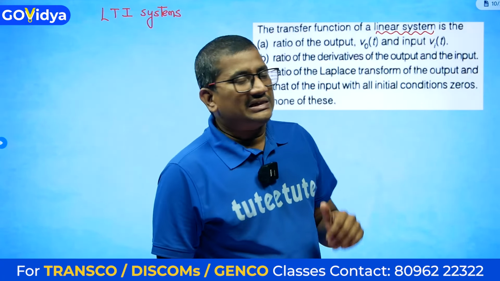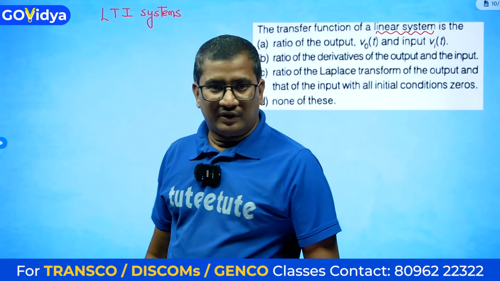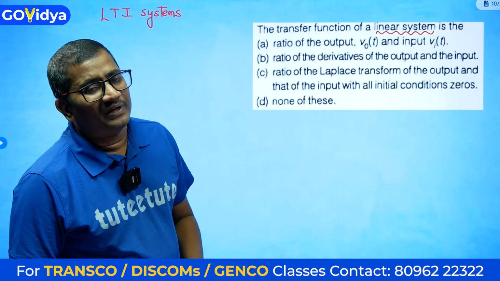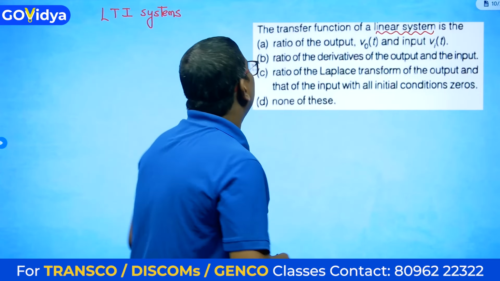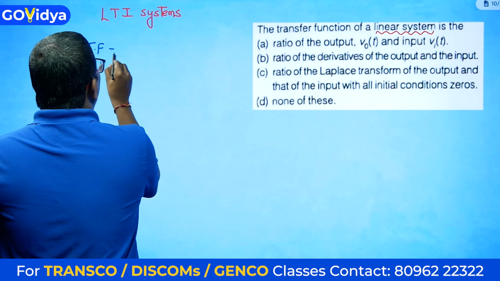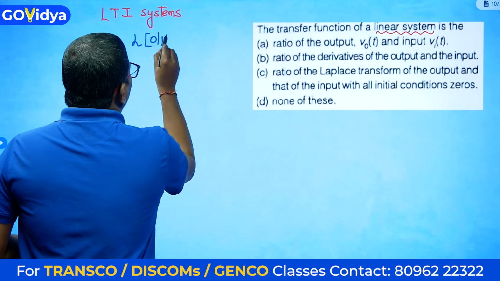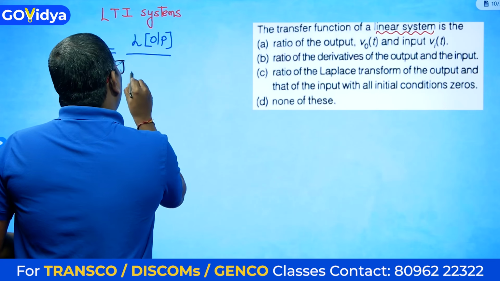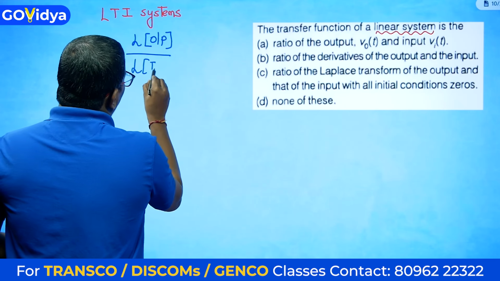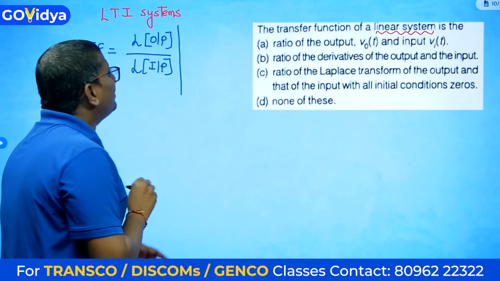So when we are talking about the LTI system and especially the transfer function, the transfer function is defined as the Laplace transform of output divided by the Laplace transform of input, provided, this is very important, provided initial conditions are 0.